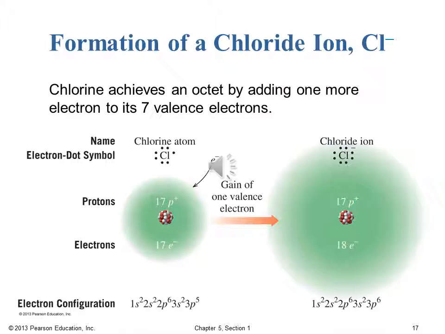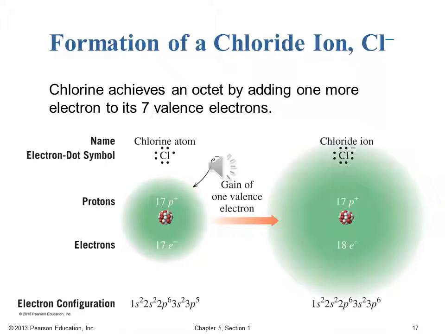So we see here the neutral chlorine atom with its 7 electron dots. It's got 17 protons and 17 electrons in its neutral state, and therefore its electron configuration is 1s2, 2s2, 2p6, 3s2, 3p5. When it gains that one valence electron, it becomes now the chloride ion. Notice we have 8 dots around us now and a negative charge.